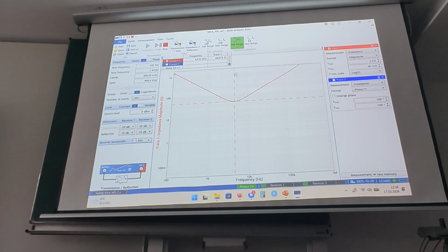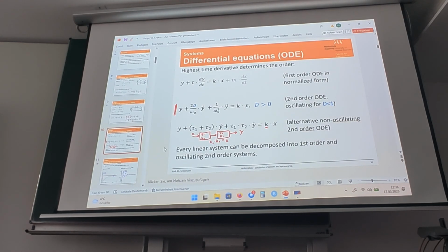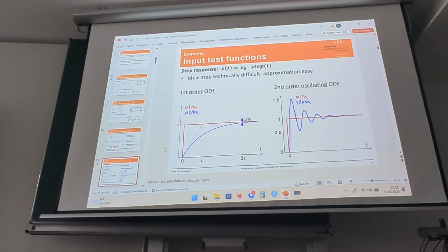Okay, but we were talking about systems. In a moment we can talk about voltage dividers, but at this point let's still talk about other things.